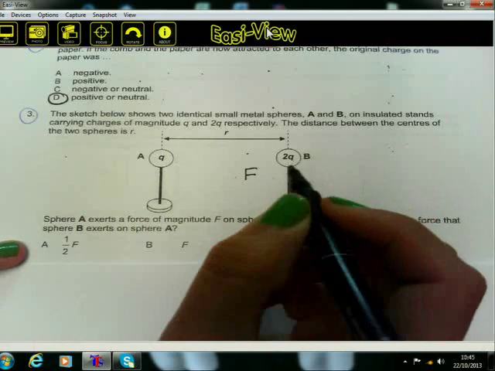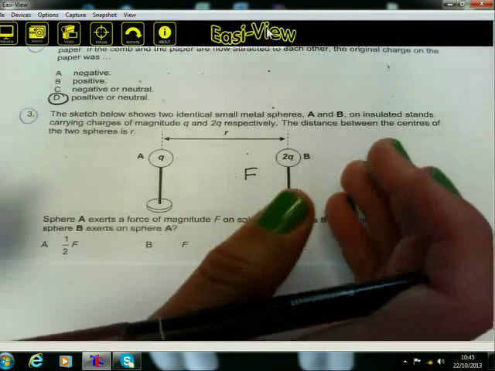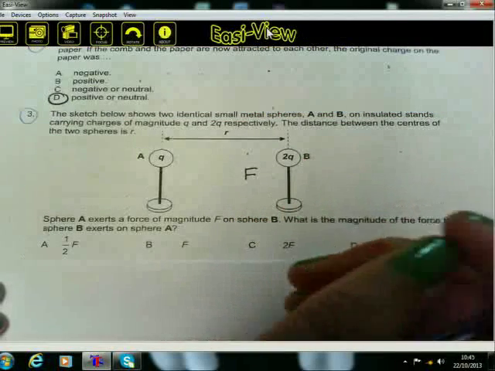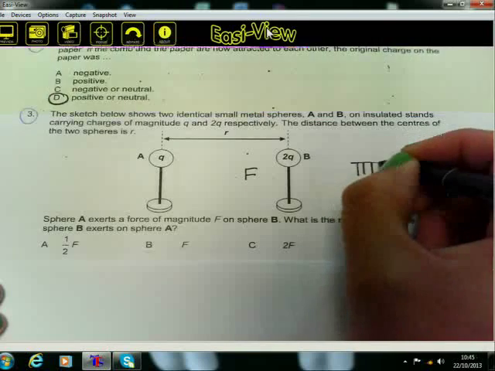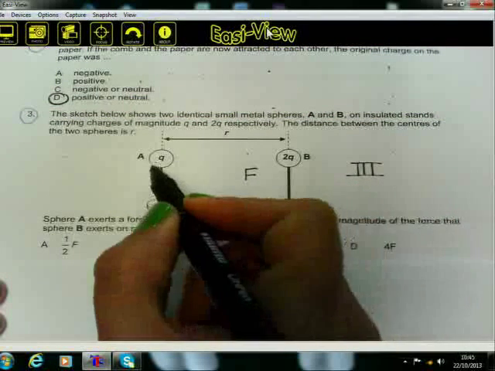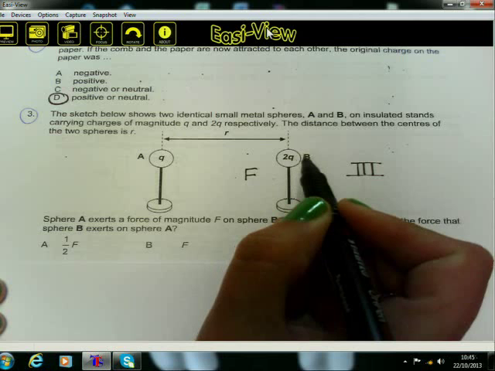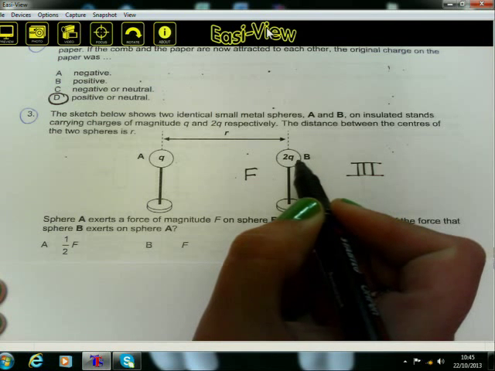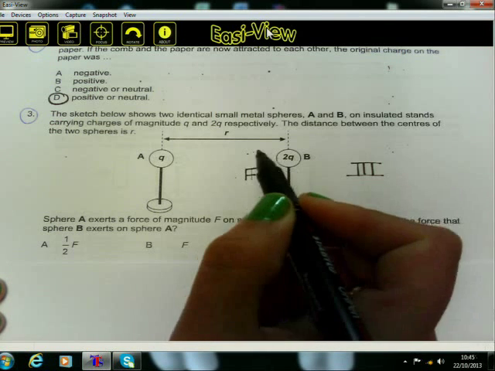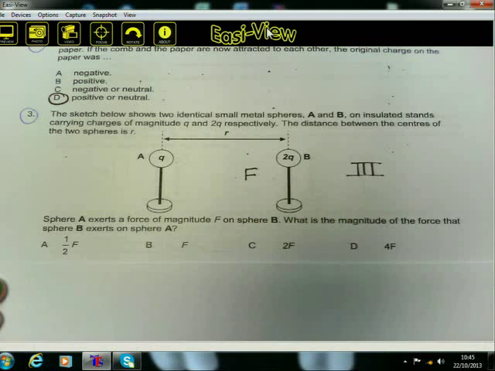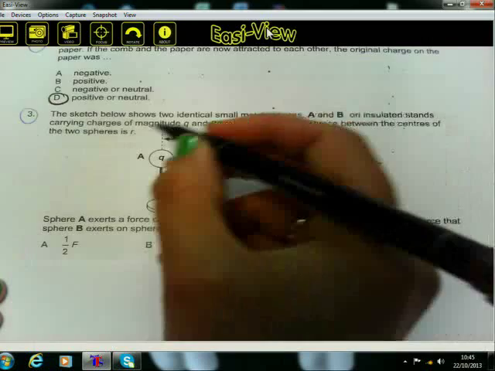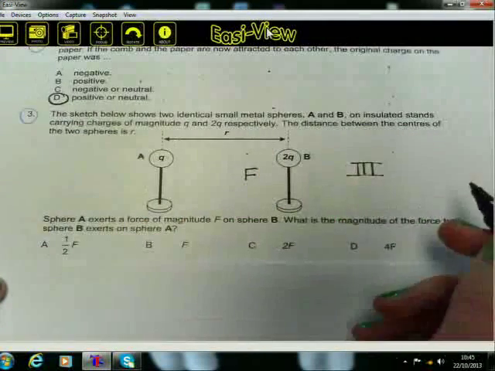Now you're going to study this one and you're going to know this one. Remember Newton's third law? Whenever an object exerts a force on another, that object exerts the same force in magnitude, just in a different direction on object A. So this rule can be followed here, Newton 3.